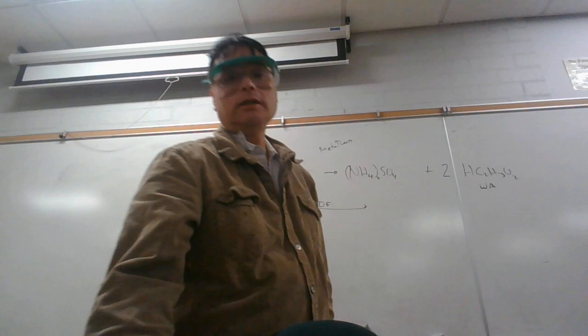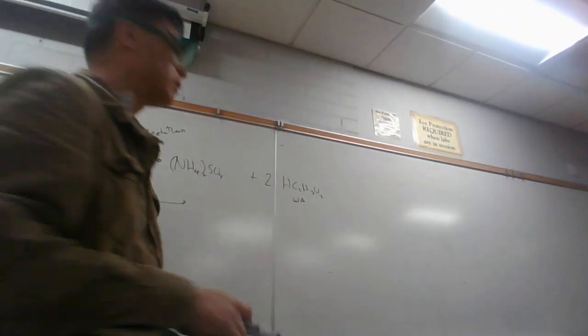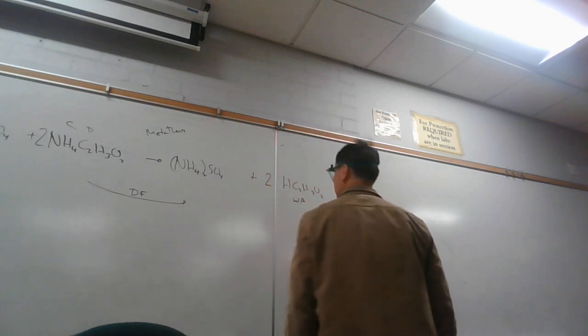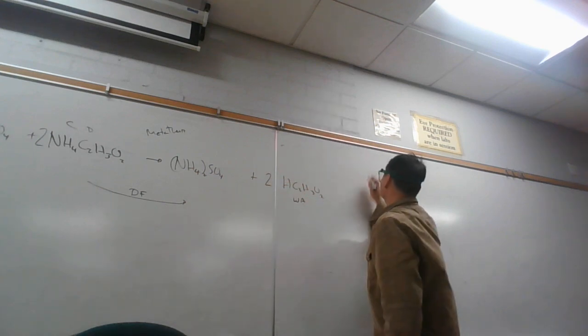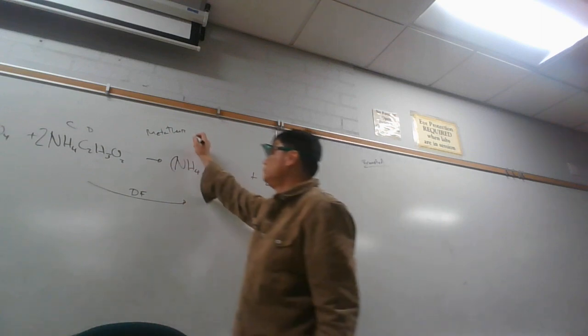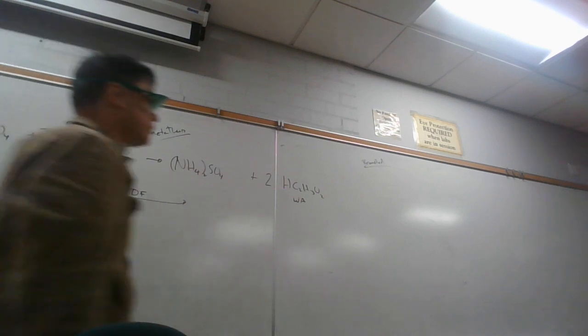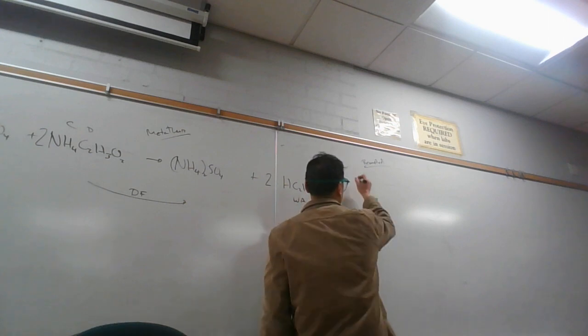The other way of dealing with this is via the chart method, the Bronsted acid-base method. If we do it the Bronsted method, then it's done a little bit differently. When we use the chart method, first we inventory.